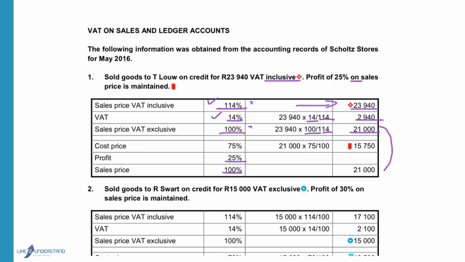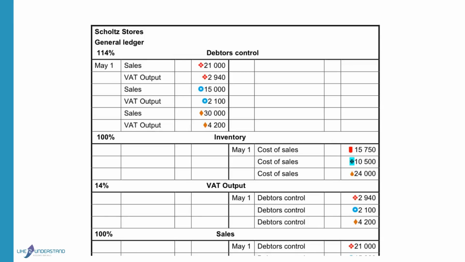So we will deduct the 25, and the cost price is then 75% of the sales price. If we want to calculate the cost price, the one that I want, 75, divided by the one that I know, 100, and that will give us the cost as 15,750.